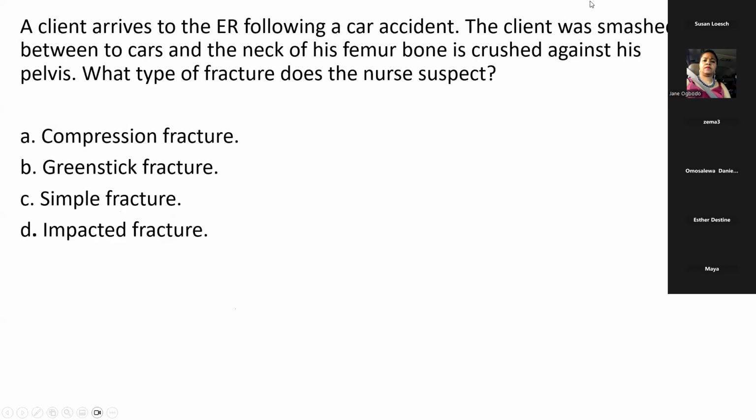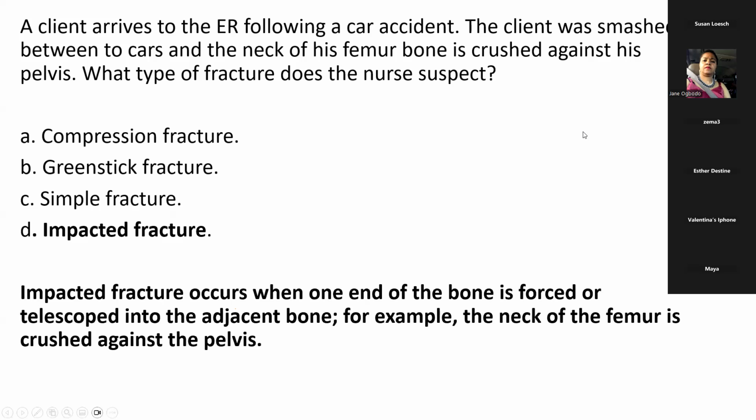A client arrives to the ER following a car accident. The client was smashed between two cars, and the neck of his femur bone is crushed against the pelvis. What kind of fracture? Compression. Okay, it's crushed against the pelvis. Isn't that impact? Yeah, impact.